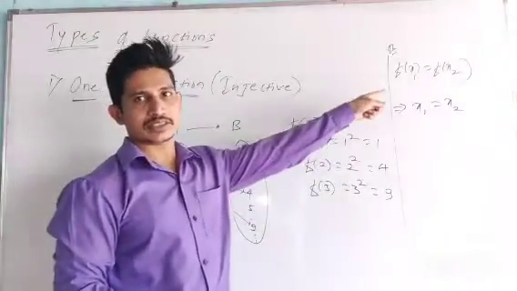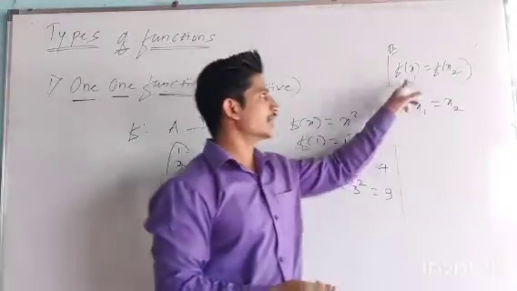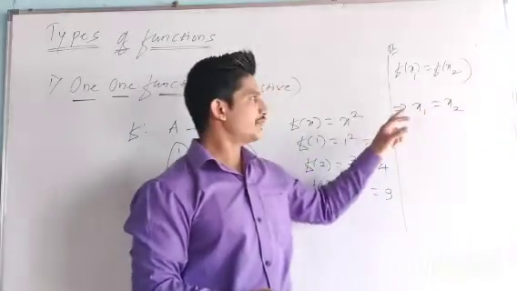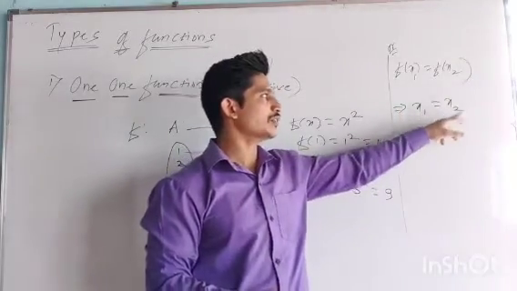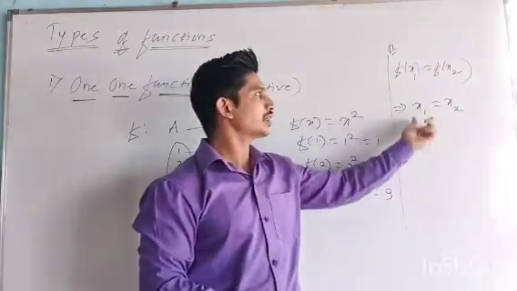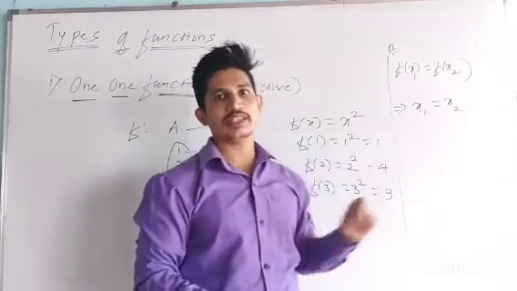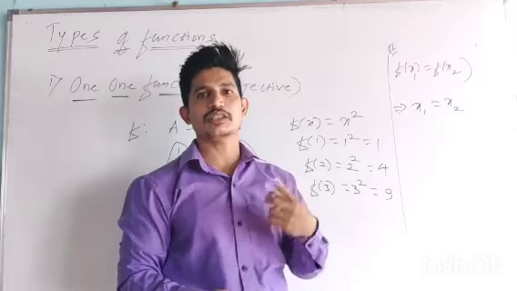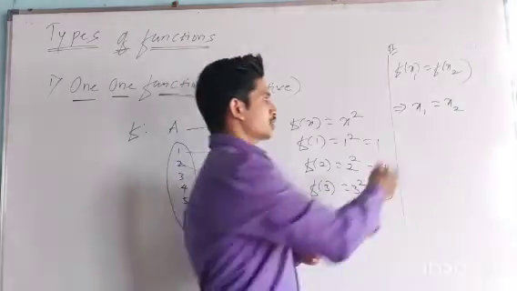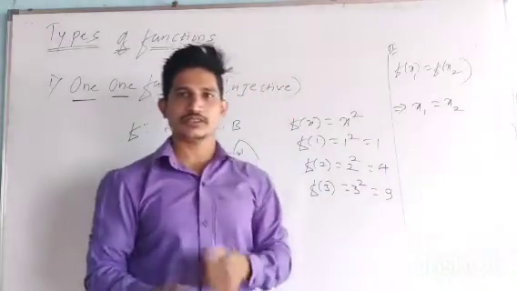This is the second definition. If I solve this and x1 comes equal to x2, then the function is called a one-one function.